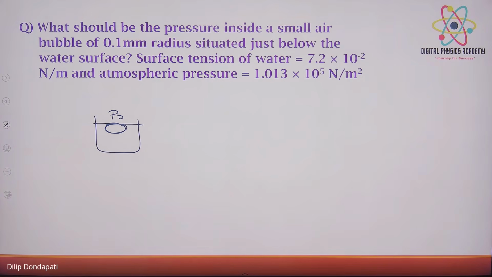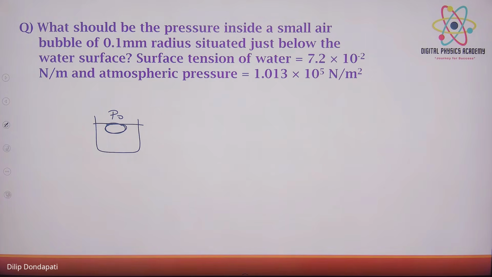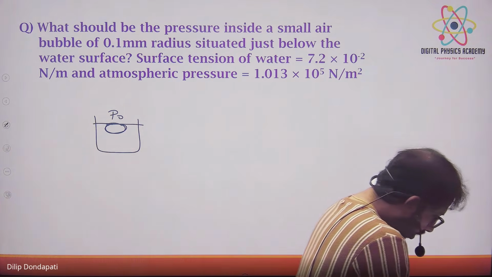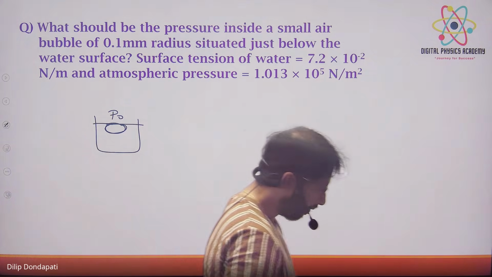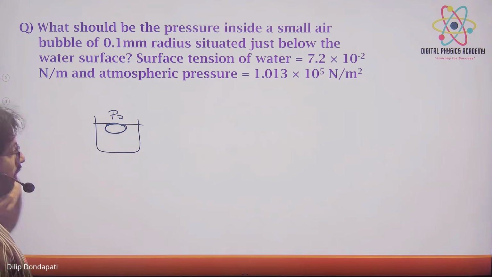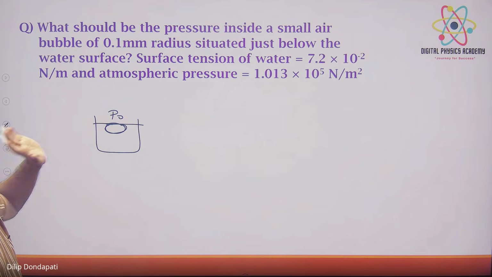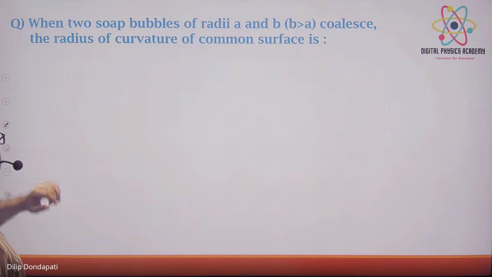In normal form you get 102740. Yes, correct. So 1.0274 into 10 power of 5 is the answer. Understood, Pranav? So we have to calculate the bottom pressure plus P naught. Okay. Next.